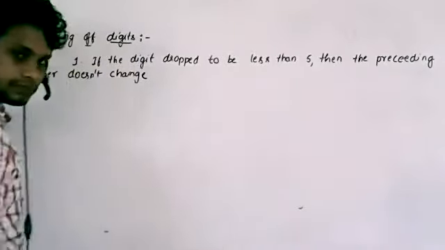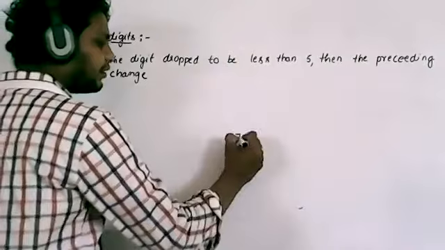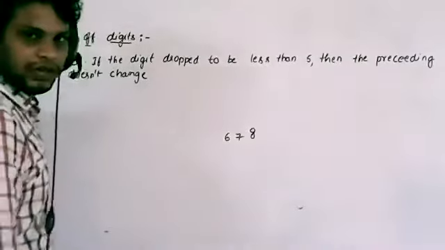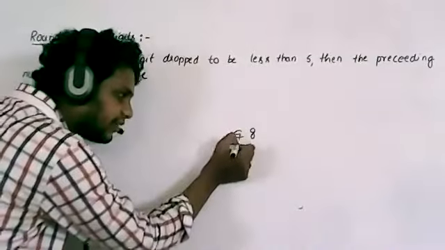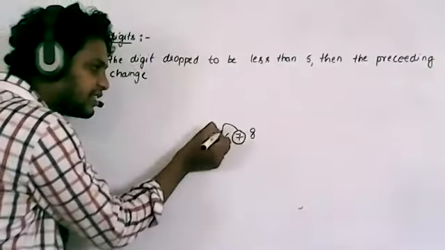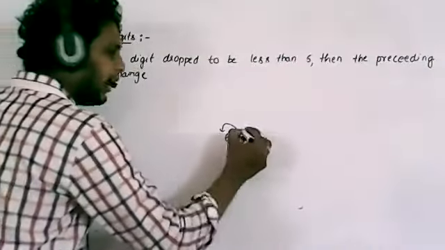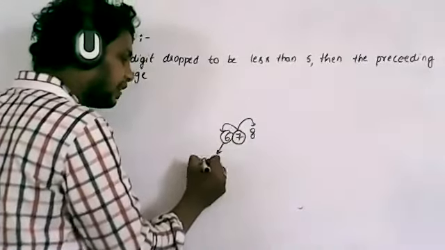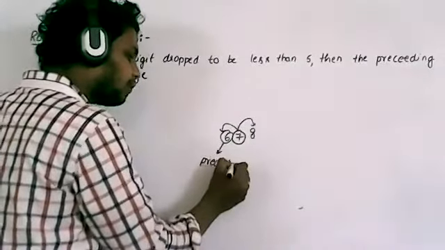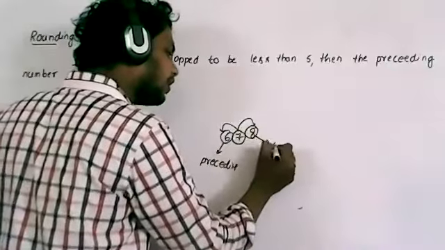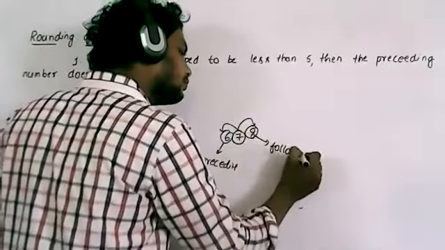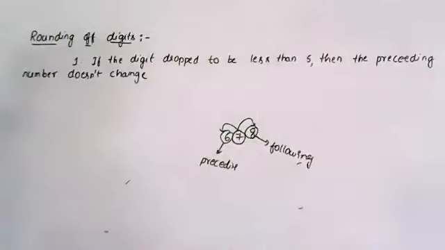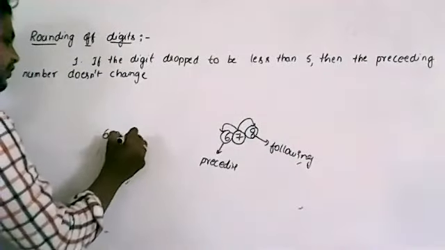Now remember, if I take a number like 678, and take the digit 7, then 6 is preceding and 8 is following.